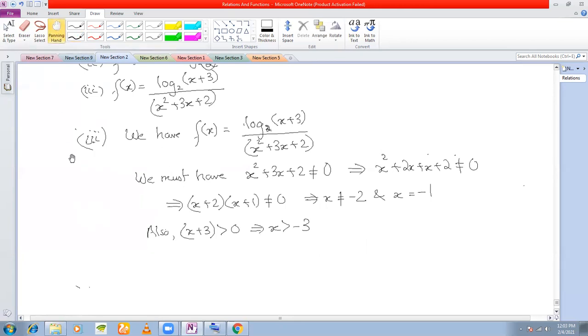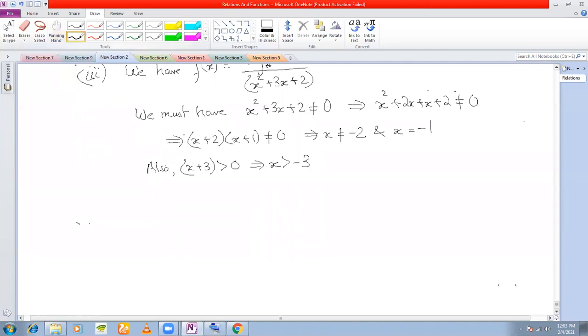Let us try to see it on the number line. First restriction is that x cannot be equal to -2.